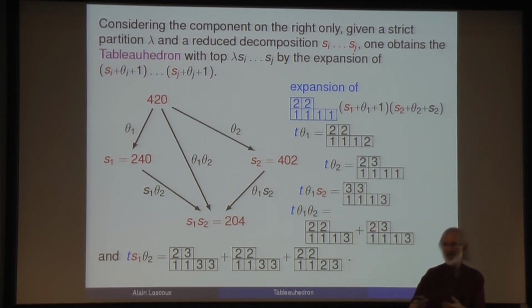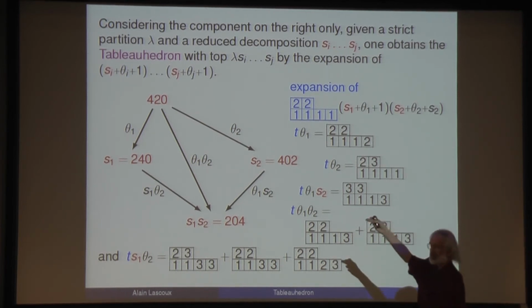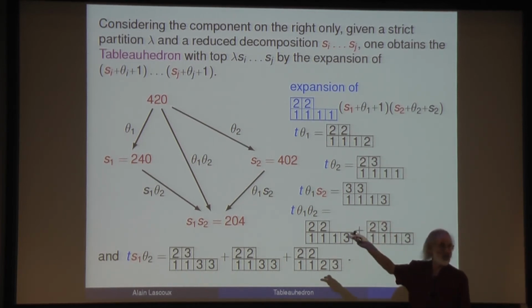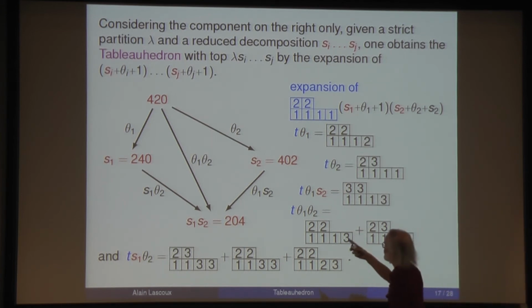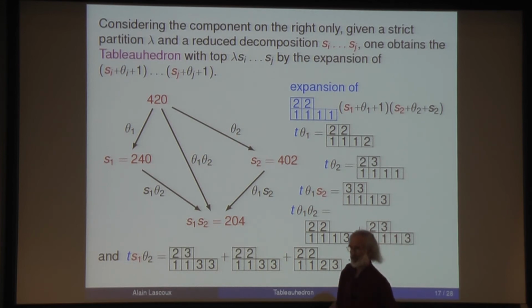In other words, instead of looking at the algebraic formula, we have now distributed our tableaus as labels on the set of permutations. Here is the permutation 420.